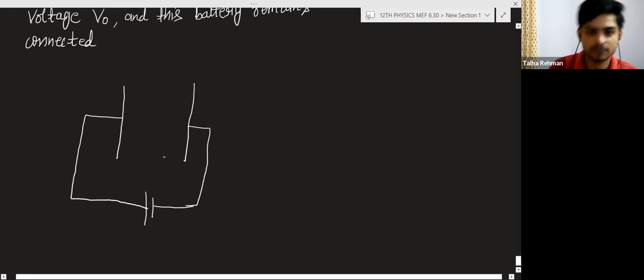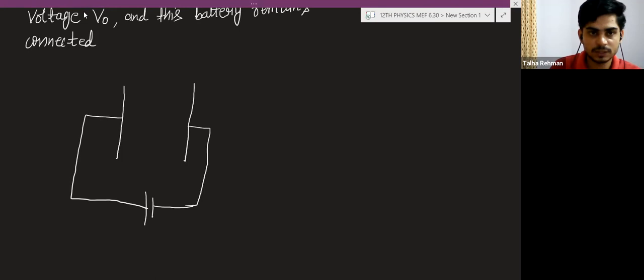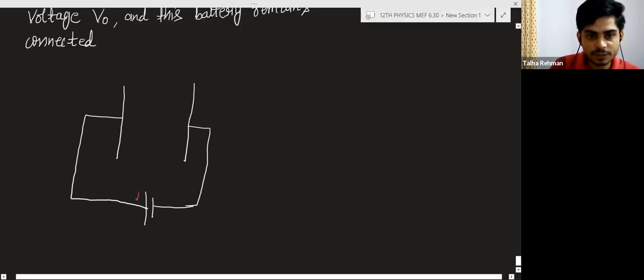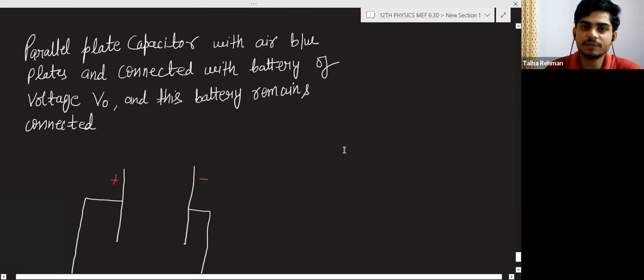This is the positive terminal and this is the negative terminal, so this plate will have positive charge all over the plate and this plate has negative charge. This battery has voltage V naught. So always remember this thing.